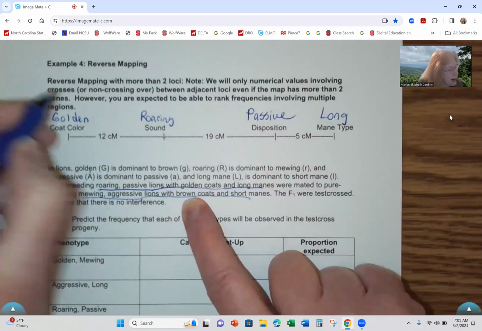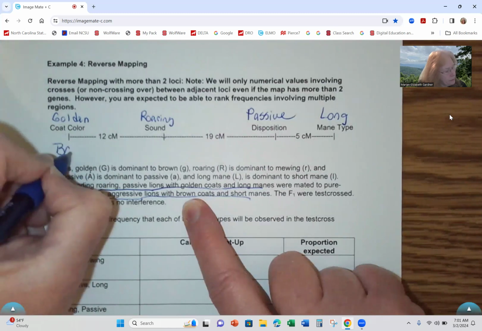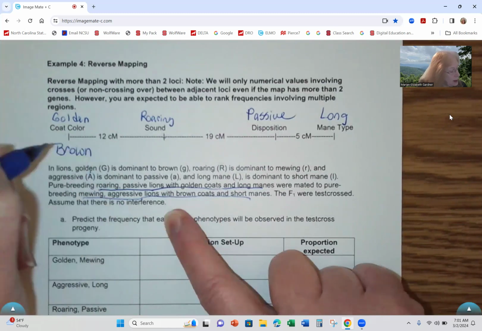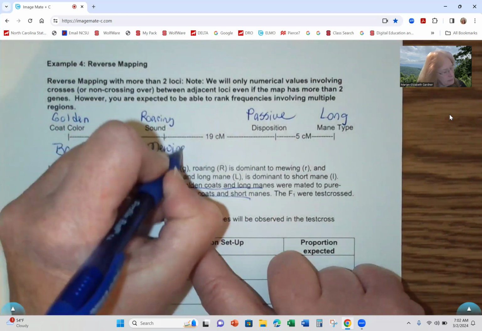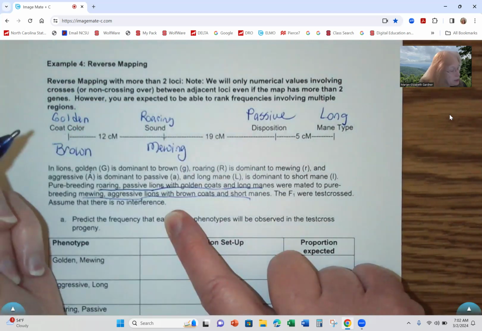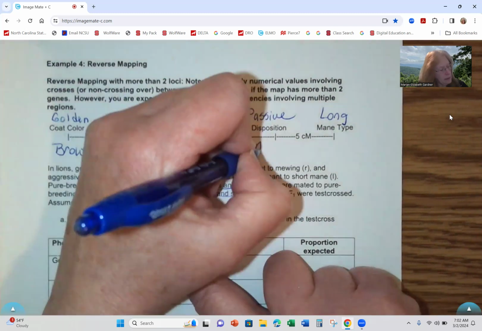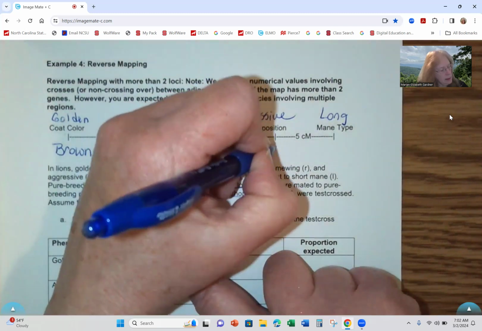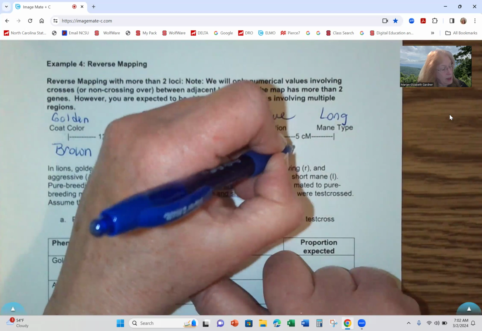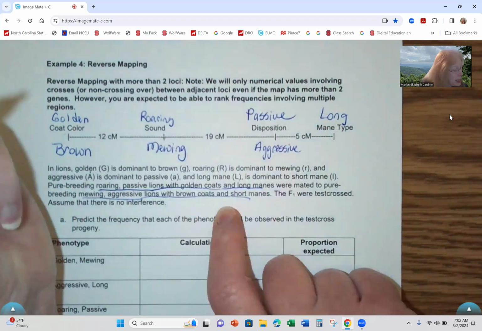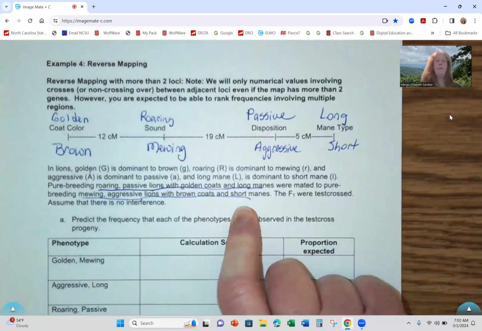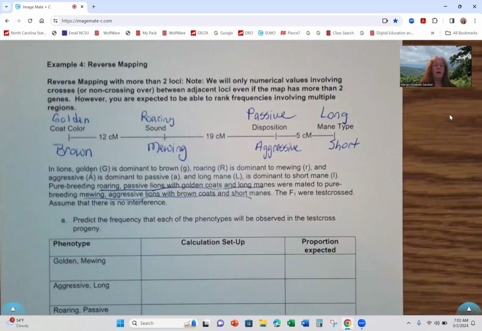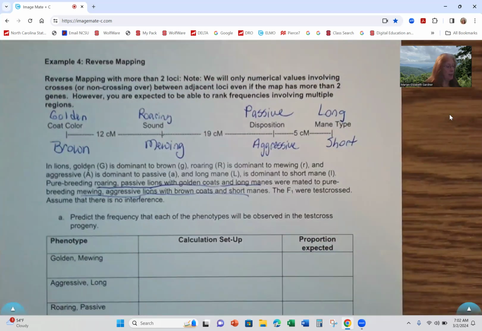Let's see, brown coat. Mewing. Disposition, aggressive. That sounds like a lion. Maybe not. Haven't met too many lions. And short manes. There we go. Okay, so that's setting the problem up.